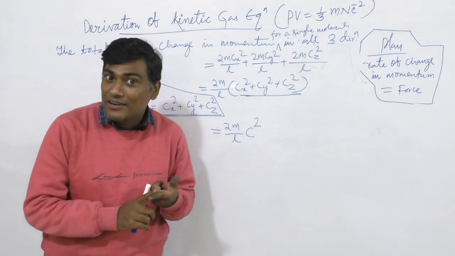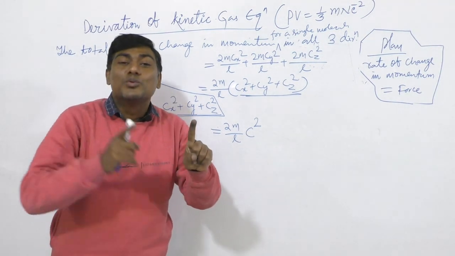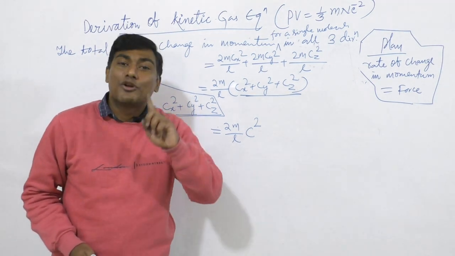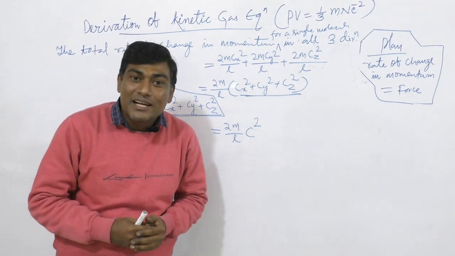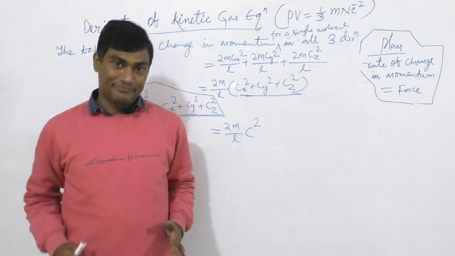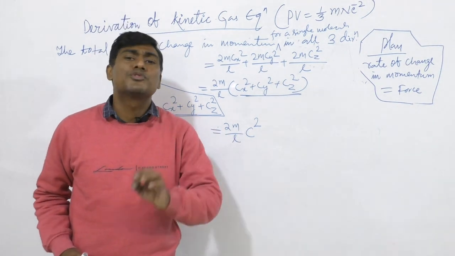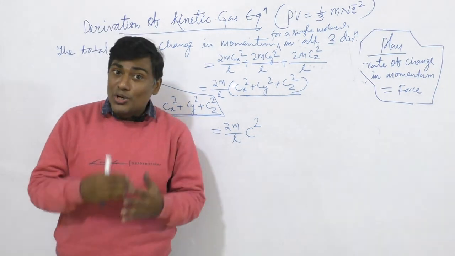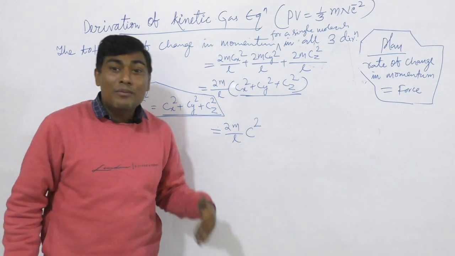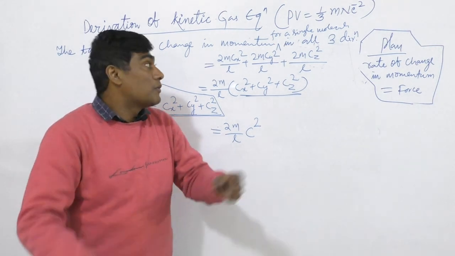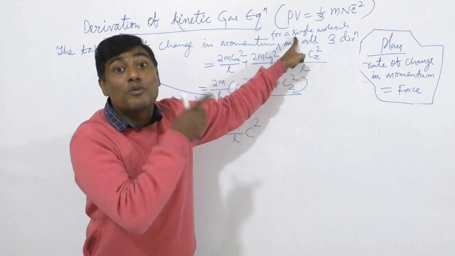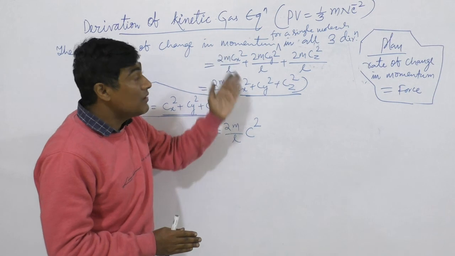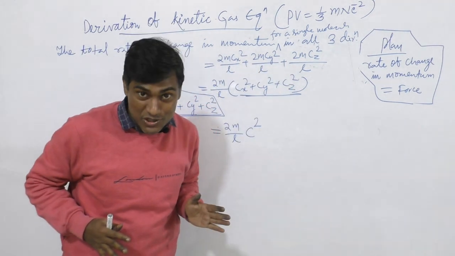Thus, we will consider molecule number 1 moves with velocity c1, molecule number 2 moves with velocity c2, molecule 3 moves with velocity c3, and so on. This was for a single molecule. We will calculate the rate of change in momentum for all n molecules.